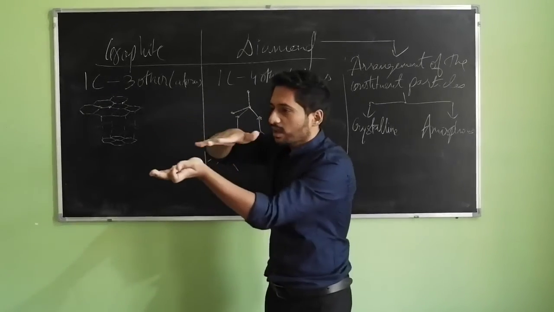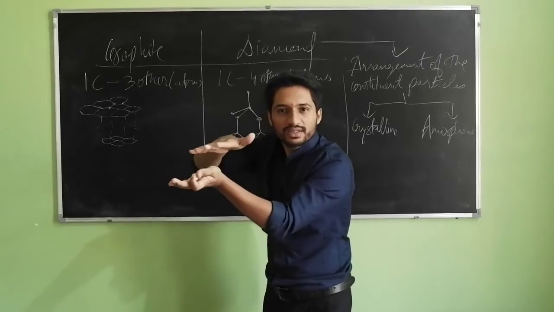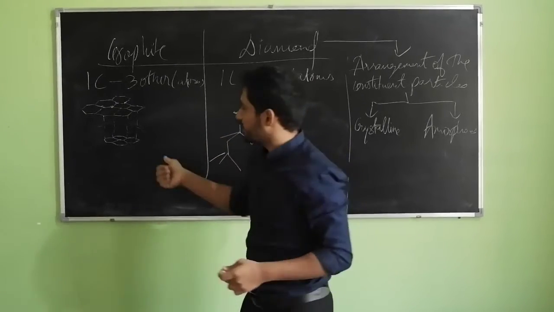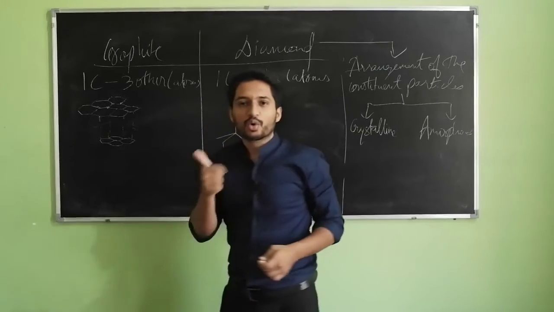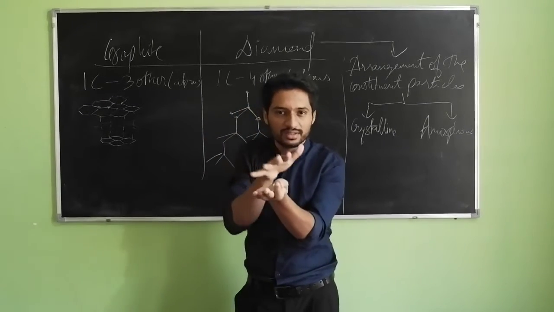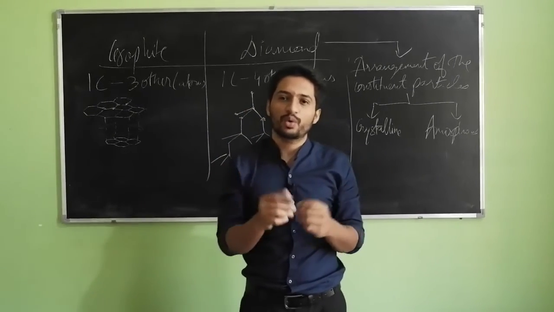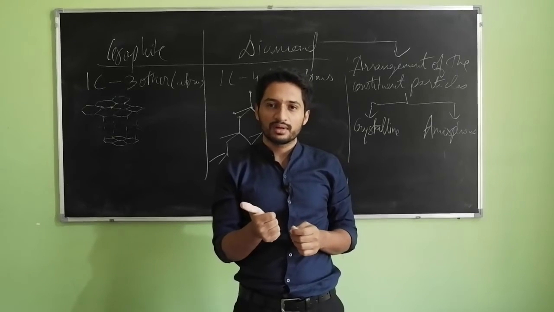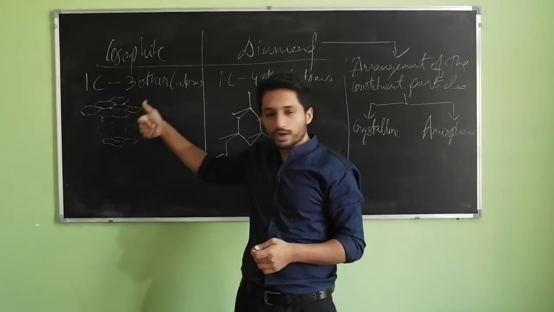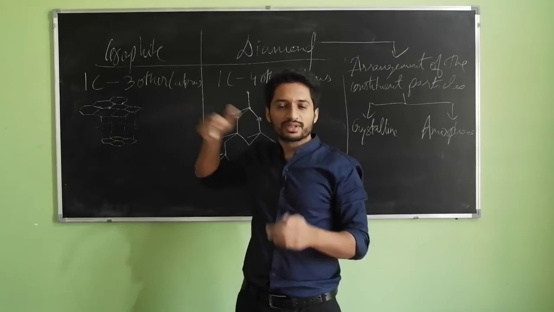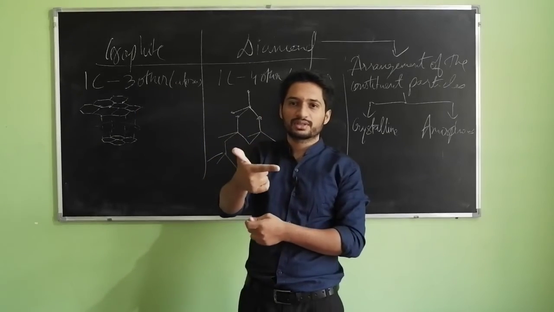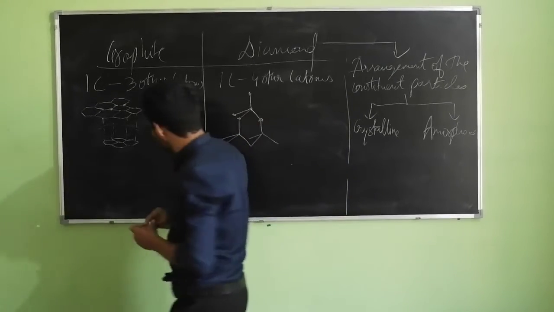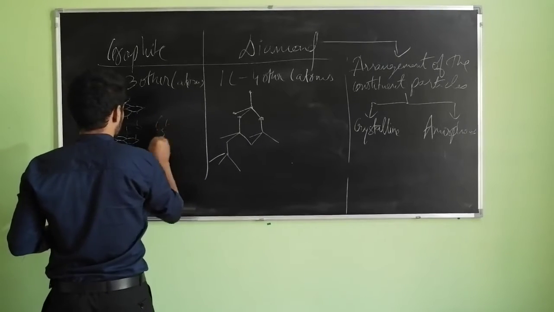These 2 layers can slip over each other. This makes graphite a good lubricant. Since it is slippery, in many machines where we can't use liquid lubricants, we use solid lubricants. Because it is slippery, it helps machines. So this is also known as a solid lubricant.